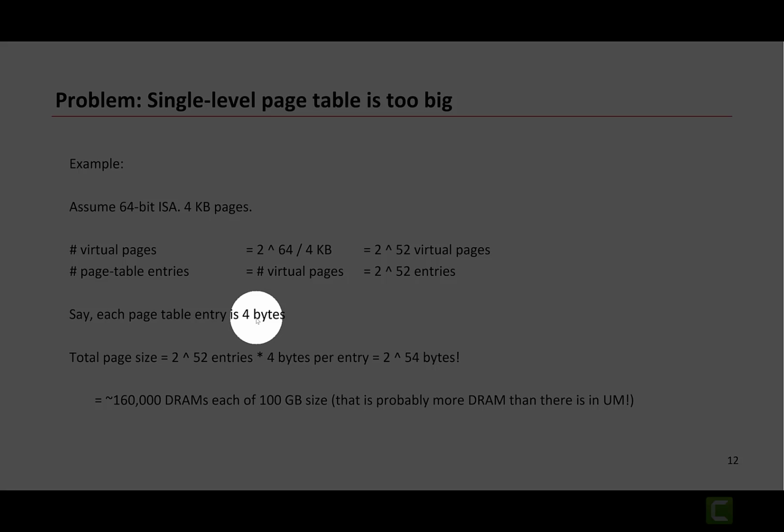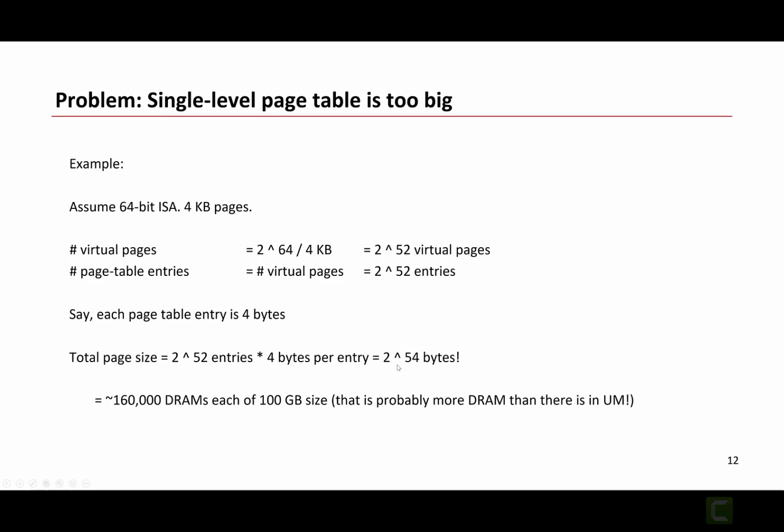So now to understand how big of a page table we need, multiply the number of entries by the size of each entry. That would give us 2 to the power 54 bytes. Now that's a lot of space. To put that in some perspective, we need about 160,000 DRAMs, each of size 100 gigabytes.